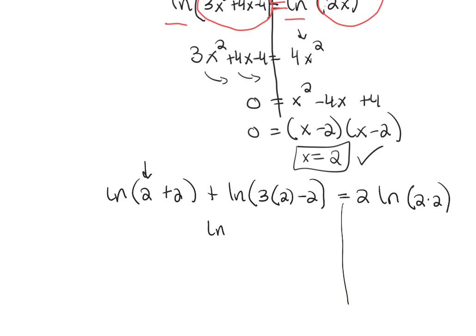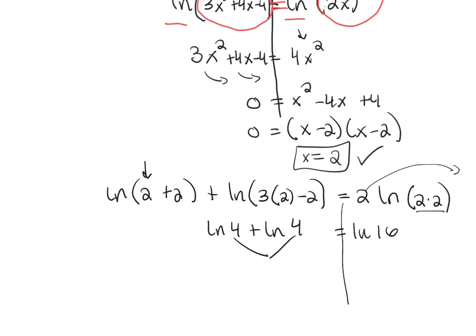So natural log of 4 plus natural log of 4 equals natural log of, let's see, 2 times 2 is 4, and then square it, so that would be 16.